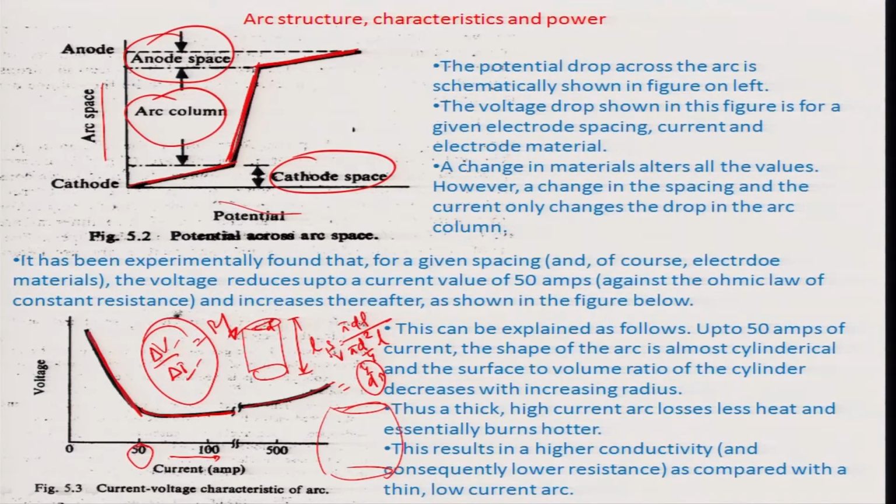reasoned out why it is that the voltage drops are pretty steep in the areas of cathode space and anode space, but when it comes to the arc column, it may not be that steep.